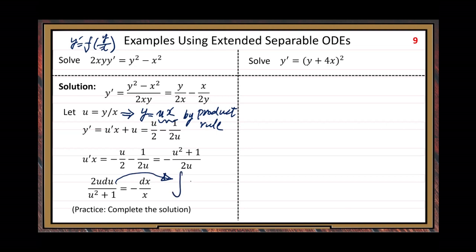I write it as d u squared plus u squared plus 1. Can you see d u squared? I pull this 2u into the d operator, the derivative, right? So d u squared is, by the power rule, 2u du.